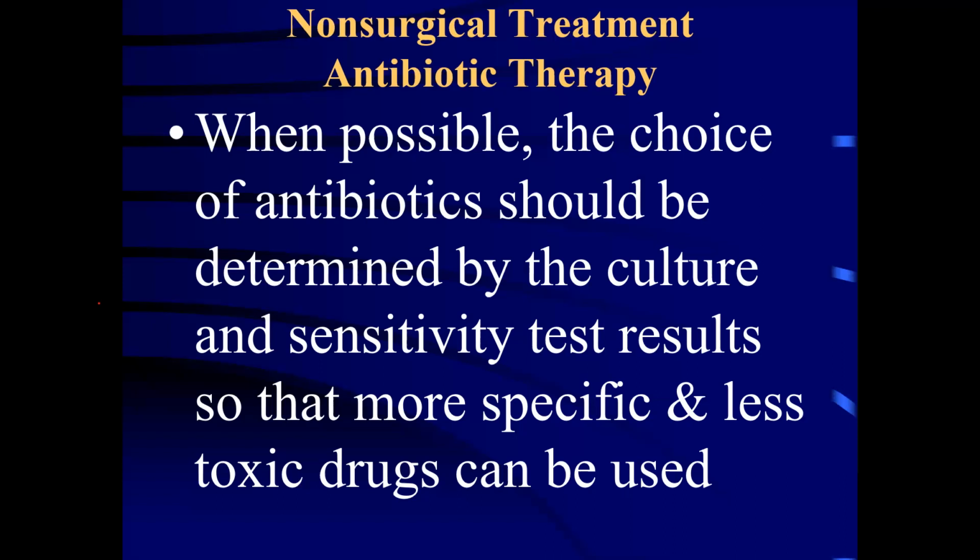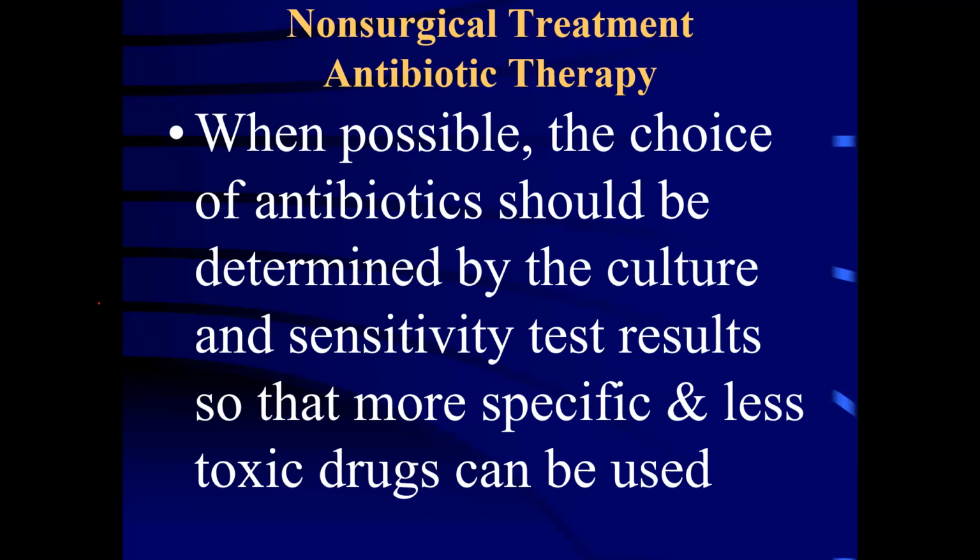Now, together with this, you try and obtain a specimen and you culture it. You should try and obtain more than one specimen at different locations, but this is difficult in the spine. It's much easier in the extremity. Once you identify the organism, which is so in around 40 to 50% of the cases, then you start the antibiotic therapy.